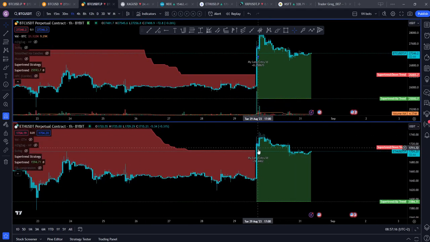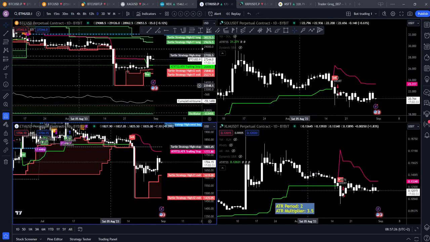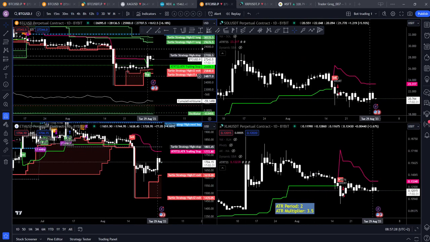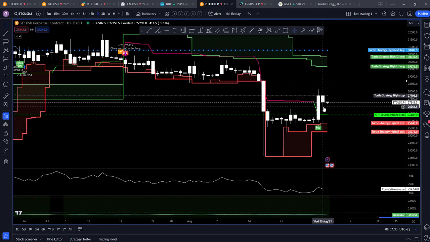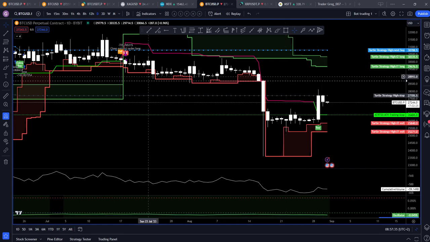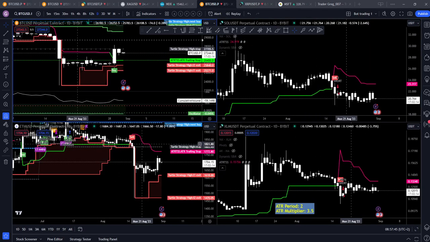So let's have a look on the 1 hour chart. We got a buy signal, of course, after this pump. Also for Ethereum, and both are in a slight loss for the moment. Then on the daily chart, we got a buy signal for the ATR trailing stop, but for the turtle strategy, we don't have any signal yet.